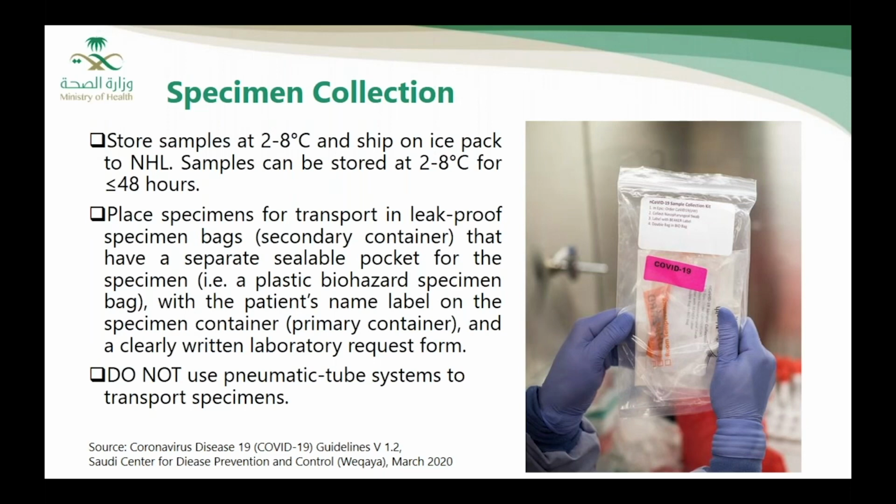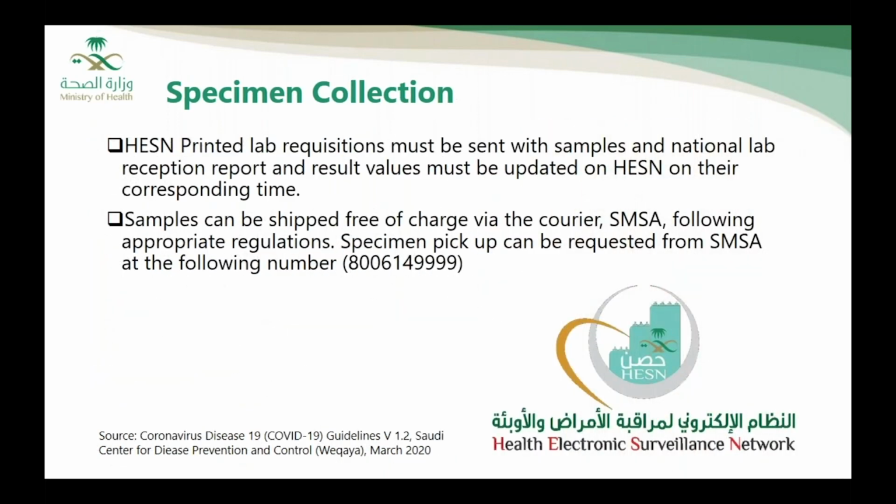Don't use a pneumatic tube system to transport the specimen. Especially for COVID-19, you should send this through the Hesson system. So once the patient comes to your unit, you will request a Hesson number.